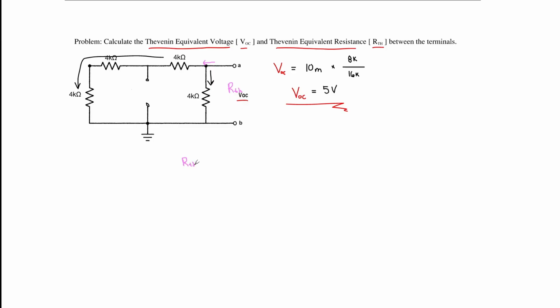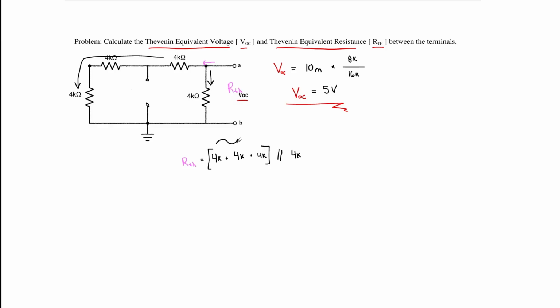We have our Thevenin equivalent resistance is equal to our first branch, which is going to be element 1 of 4,000 ohms, plus our second element of 4,000 ohms, plus our third element of 4,000 ohms. Now, this is in parallel with our second branch of 4,000 ohms.